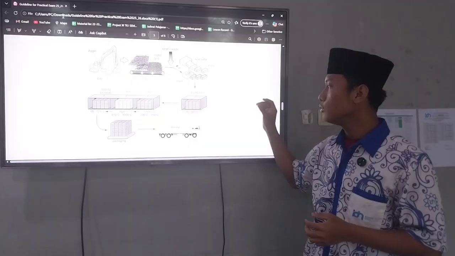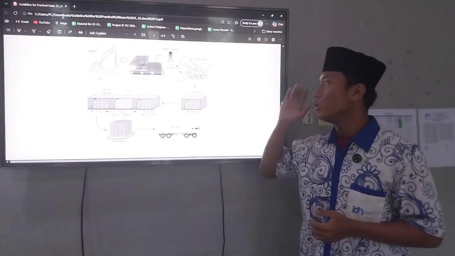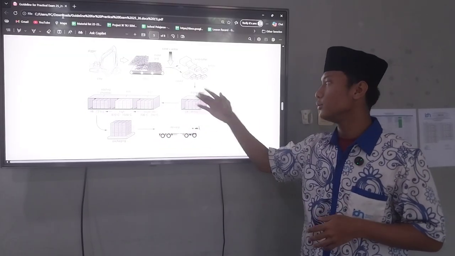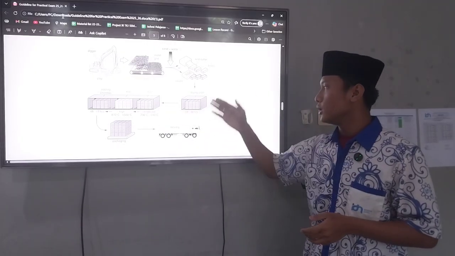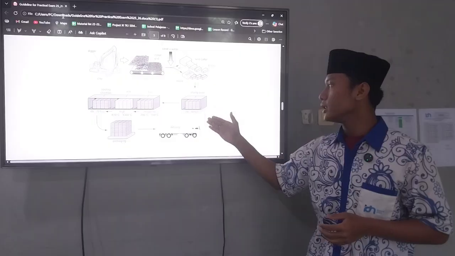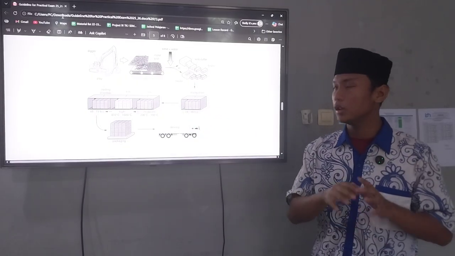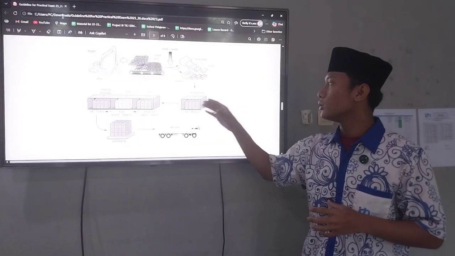So we move again. The next step is the kiln. Okay. This is one of the most important steps in how bricks are formed and made durable. After the bricks come from the ring oven, they will be brought to the kiln.